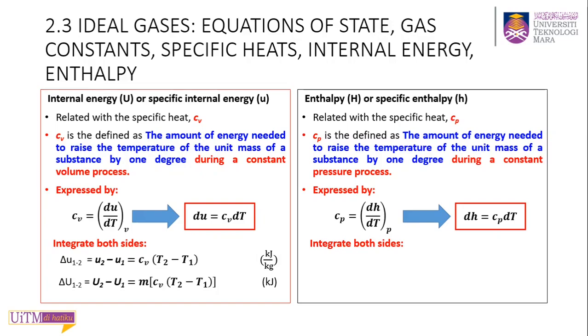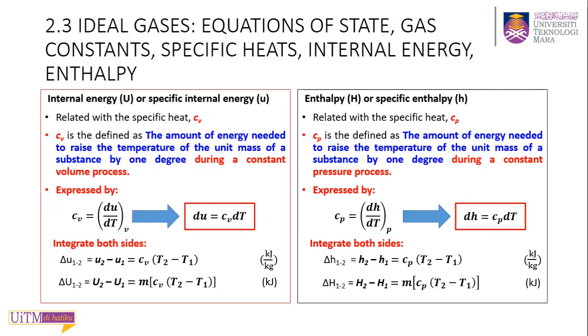Also, same as before, we can integrate both sides of the equation, and we get the equation to calculate the change in specific enthalpy. For lowercase letters, the unit is kilojoules per kg, and for capital letters, the unit is kilojoules.